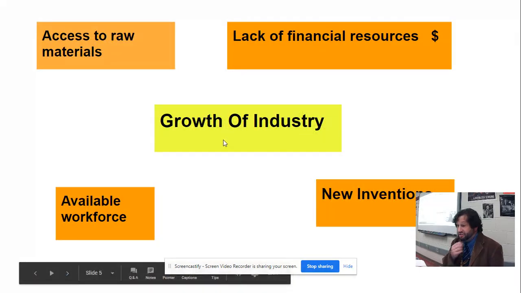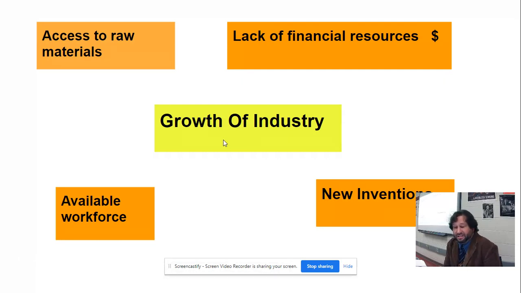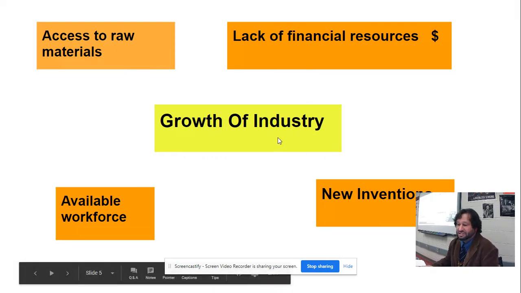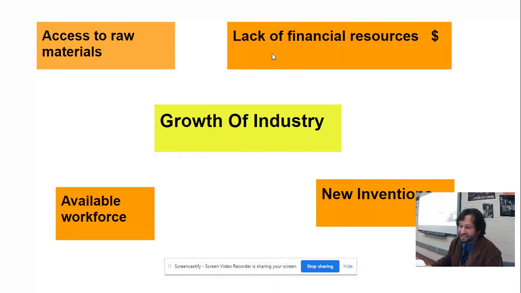When we talk about the growth of industry, there's four reasons. One of them is access to raw materials, and we went over what raw materials are: lumber, coal. Lack of financial resources would obviously not work for the reasons why industry grew. And when you see the word financial, that just means money.